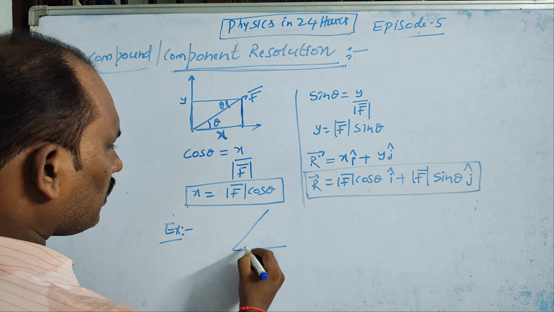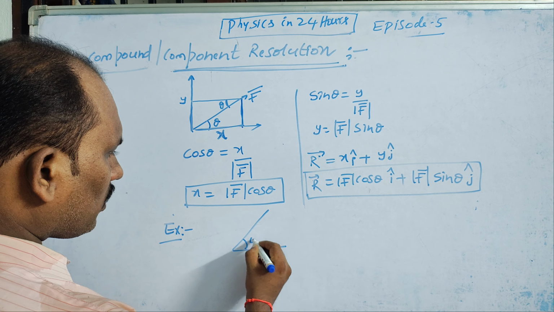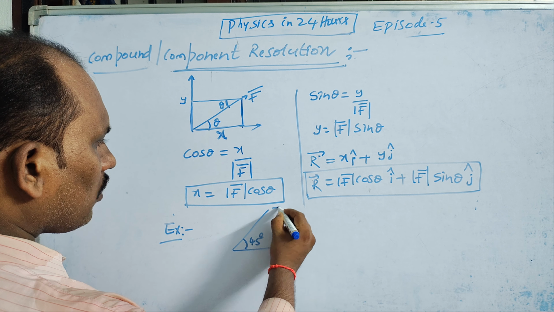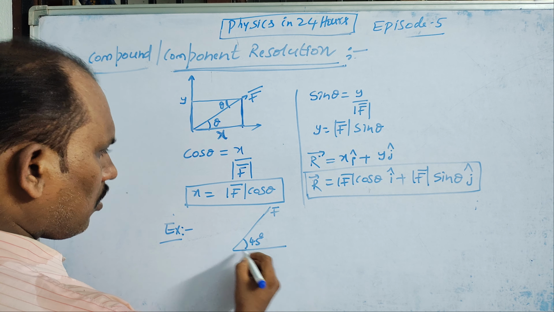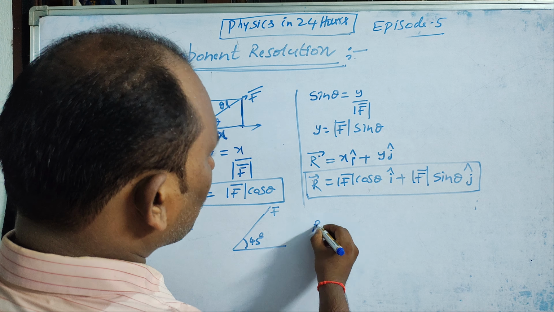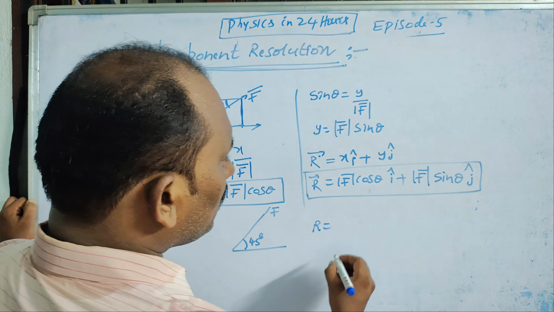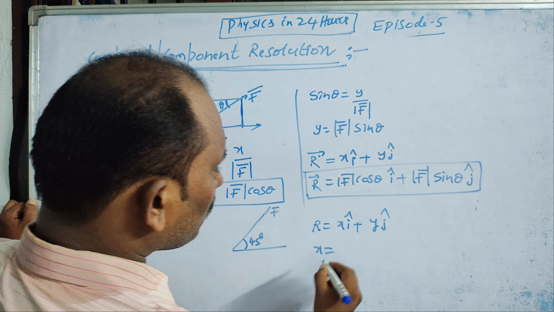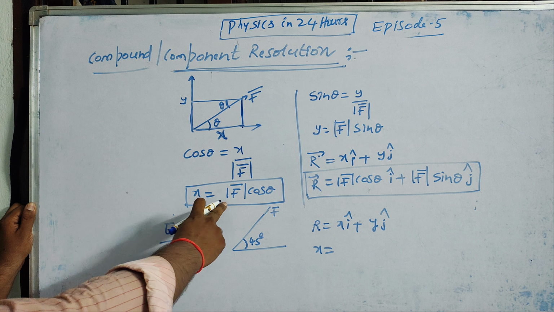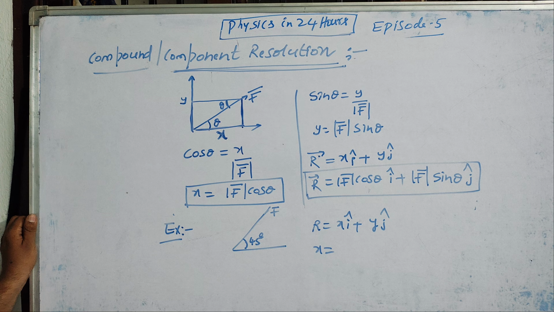So let us see, guys, here this is 45 degrees. I want to calculate the resultant vector. So what is the formula for the resultant vector? x i cap plus y j cap. How to calculate the x value? We just have to see the modulus of F bar.